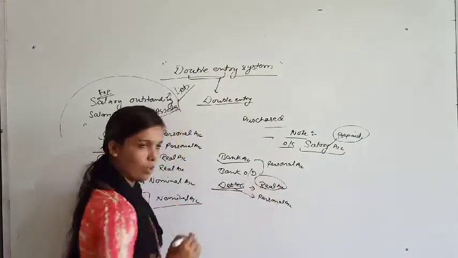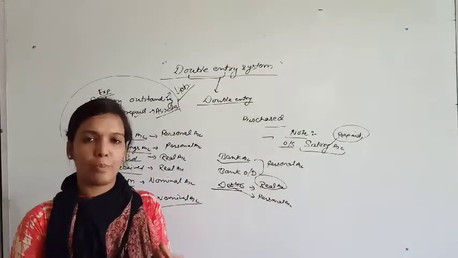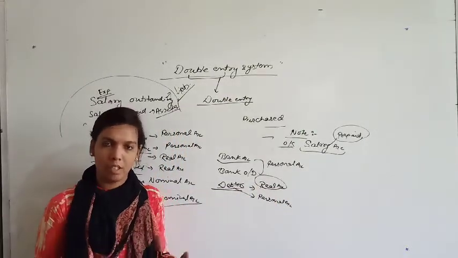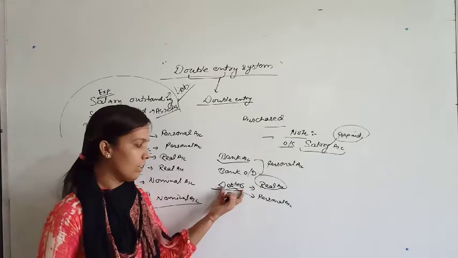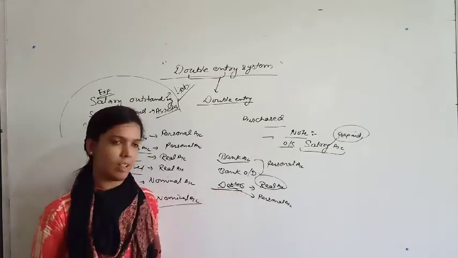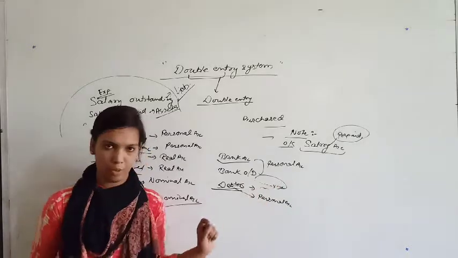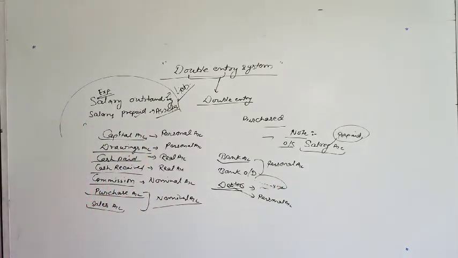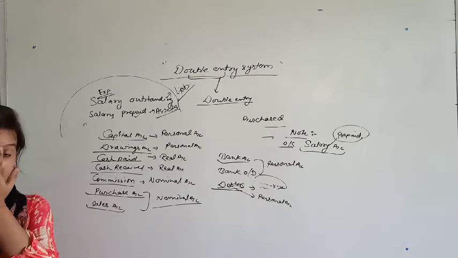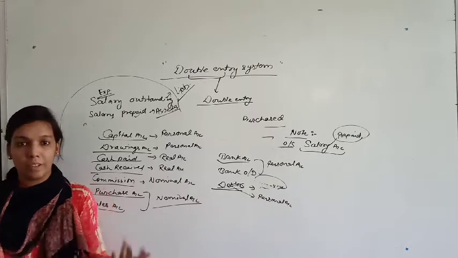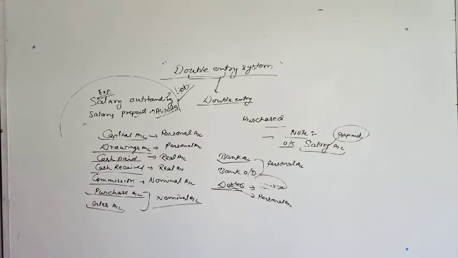Means real account will include only the assets like furniture, machinery, plant, cash account. Debtor is a person, so that's why it will be personal account, not real account. Insurance prepaid. Prepaid, as I told you, this will be personal account, and which person? This will be representative personal account.